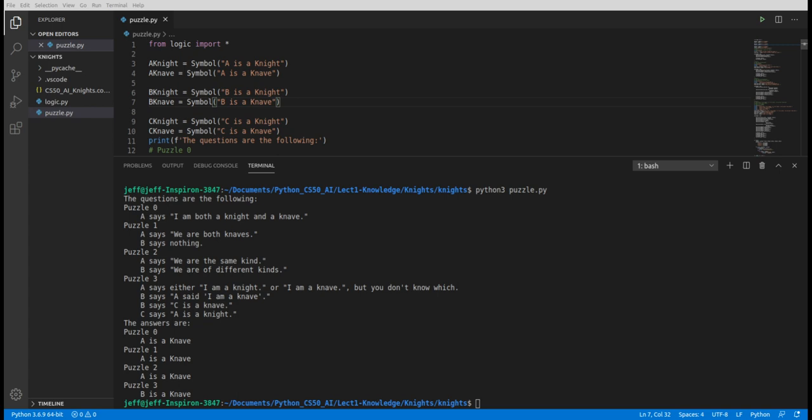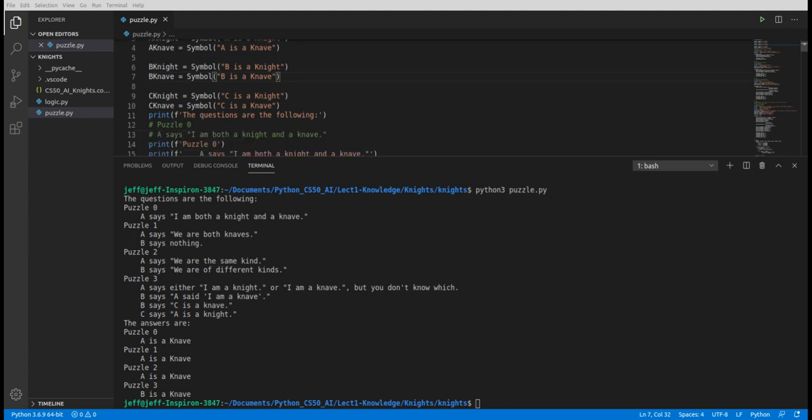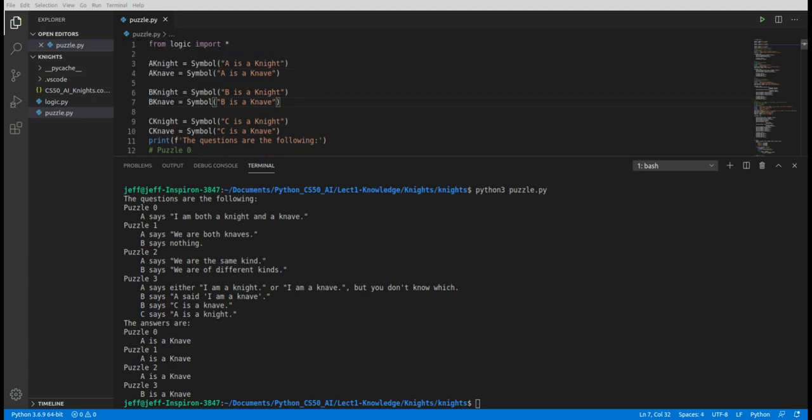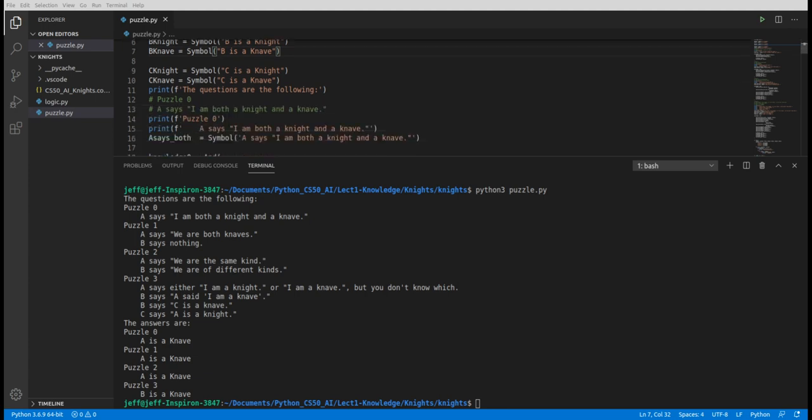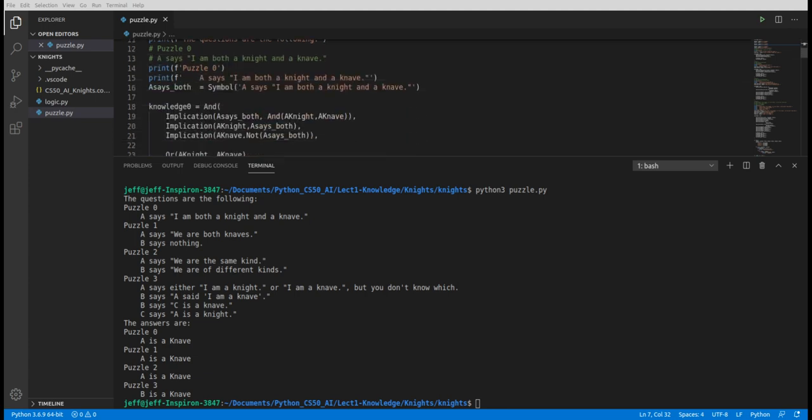At the top of the screen is the start of that particular Python program, and it shows we're bringing information in from another program called Logic, and we're introducing a bunch of players, knights and knaves, and we have to set up a bunch of puzzles.